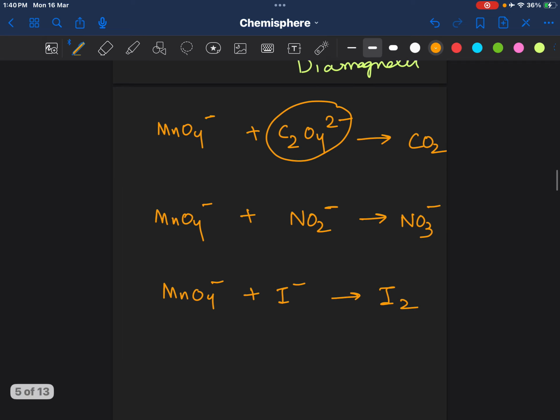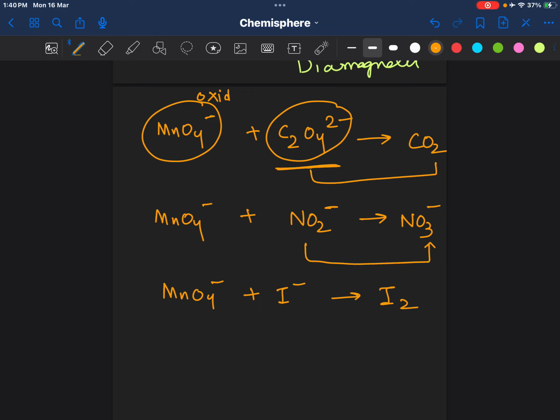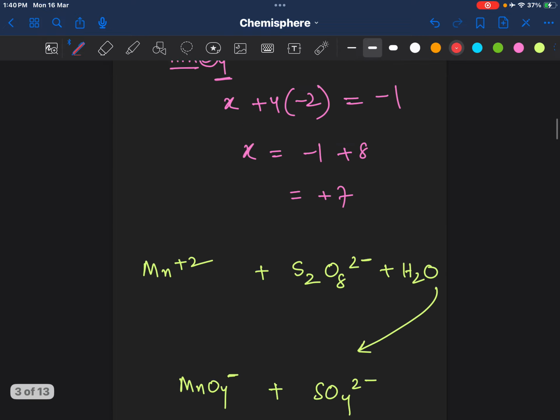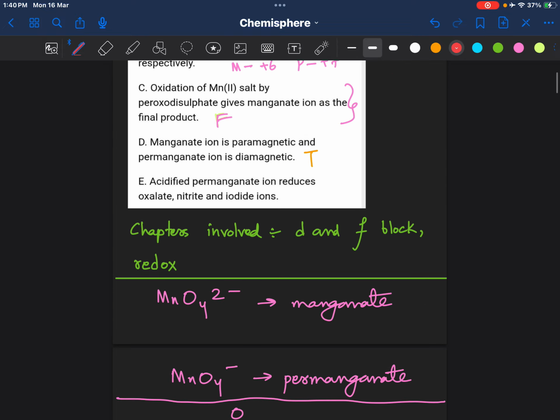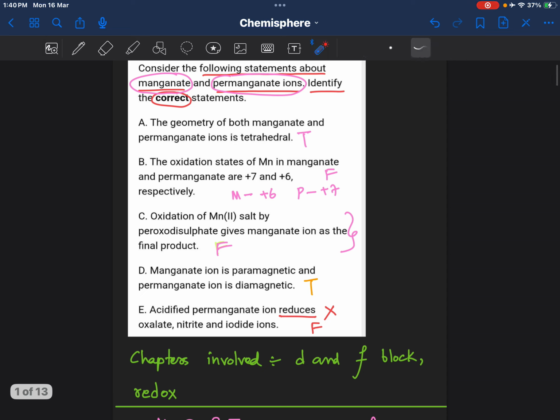So it oxidizes these species, and it itself undergoes reduction. Therefore the last statement, that acidified permanganate ion reduces, is incorrect. It is false. So statements A and D are the only correct statements, A and D. Thank you.